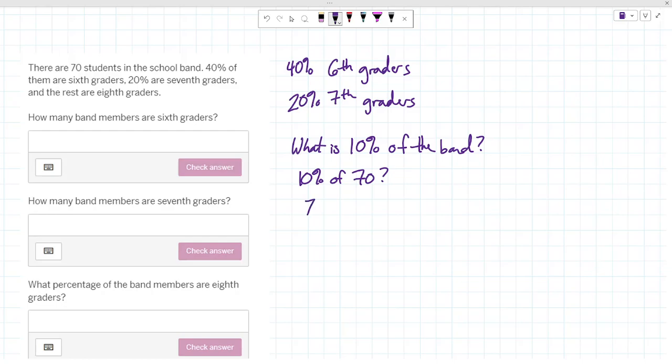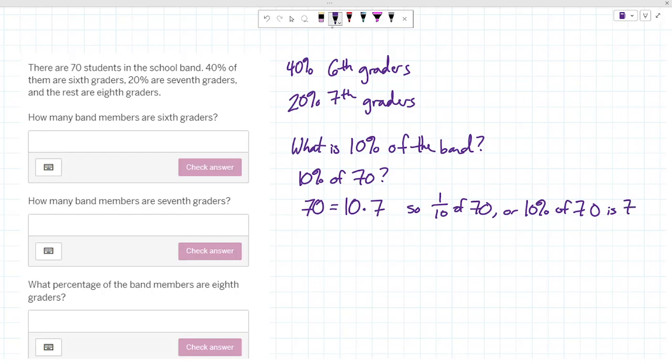So 70 is equal to 10 times 7. So 1/10 of 70, or 10% of 70, is 7.